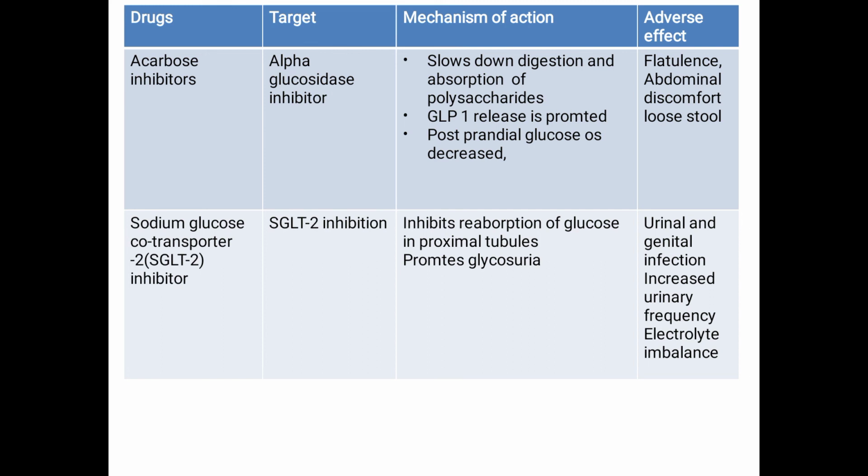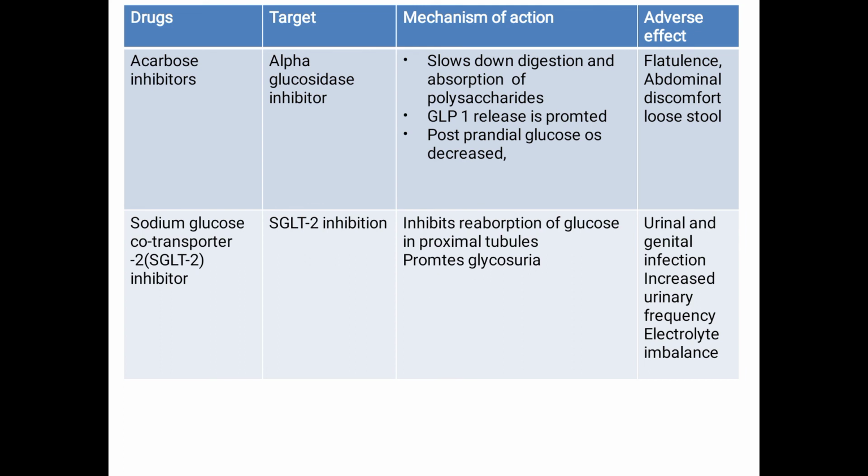Okay, so apart from that, it is also going to release GLP-1, which is incretin, and postprandial glucose is also decreased. So the same point we also saw in meglitinides, right? Postprandial glucose is decreased. So this alpha glucosidase inhibitor is a complex oligosaccharide itself, and it is going to inhibit the alpha glucosidase enzyme, which is present in the brush border of the intestine.